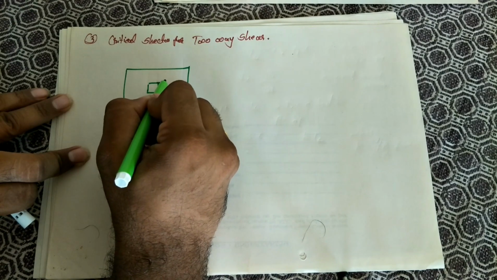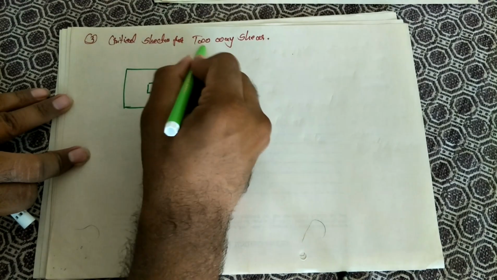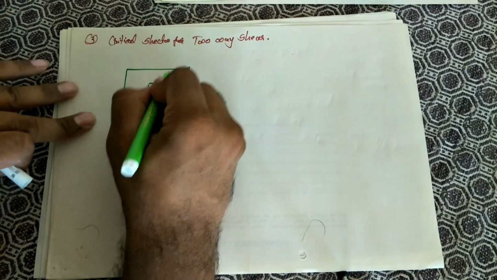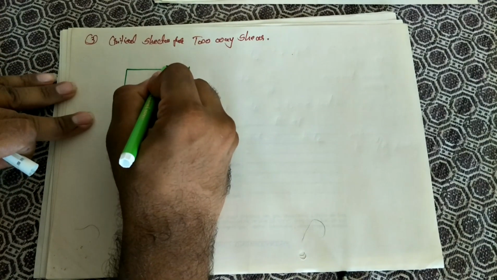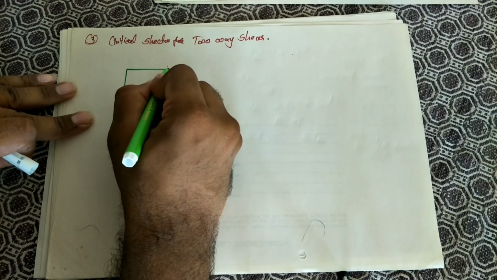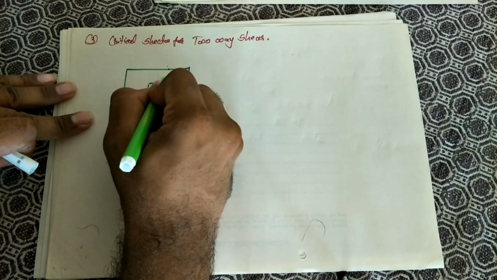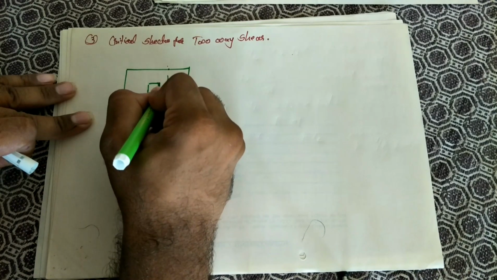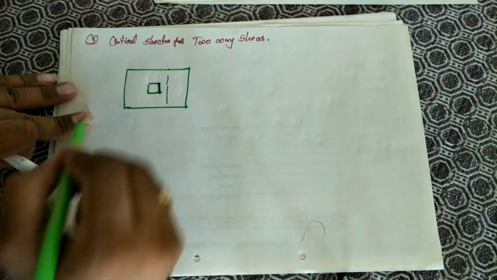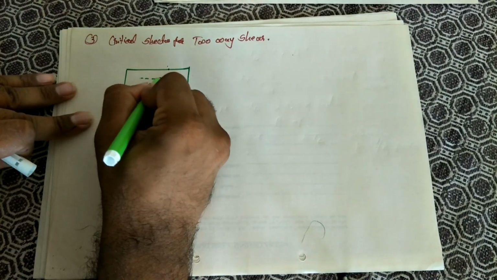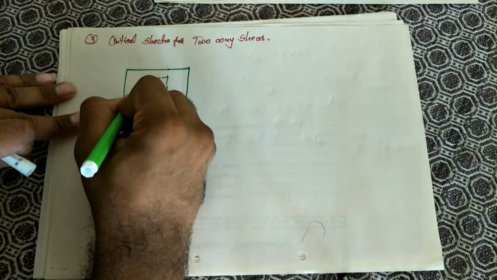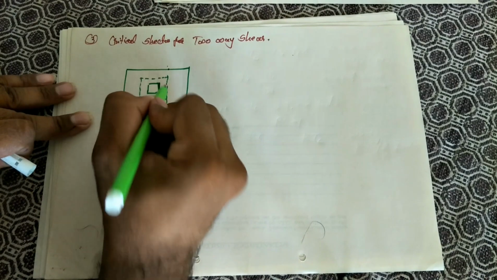But in two-way shear, it is on both directions. So both directions include d by 2 distance. It means from here d by 2 and here d by 2, here d by 2 and here d by 2.